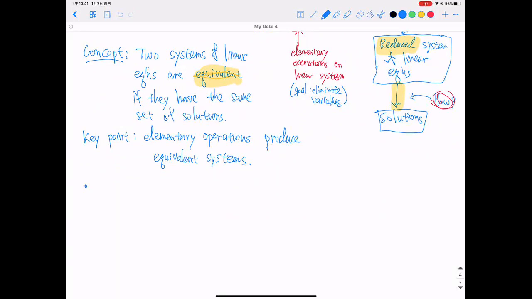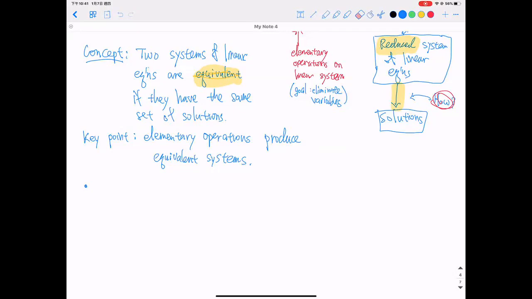How reduced? We can certainly eliminate variables one after another, but just how reduced should the system be before we know that we can stop and start looking for solutions?